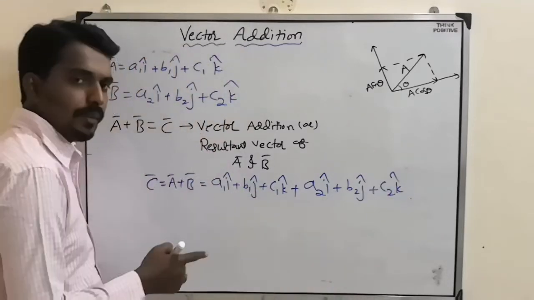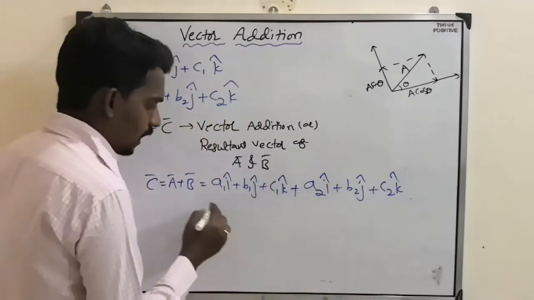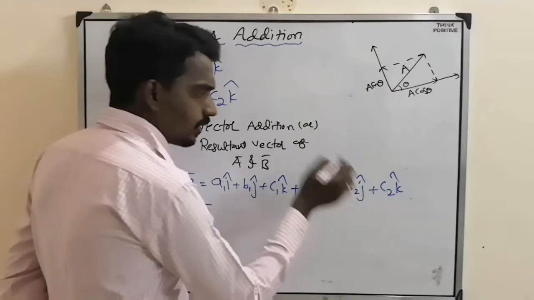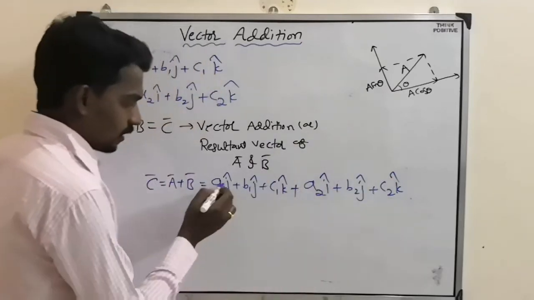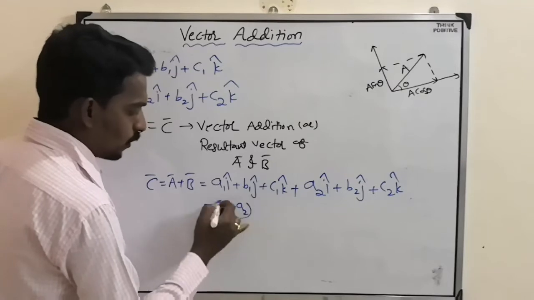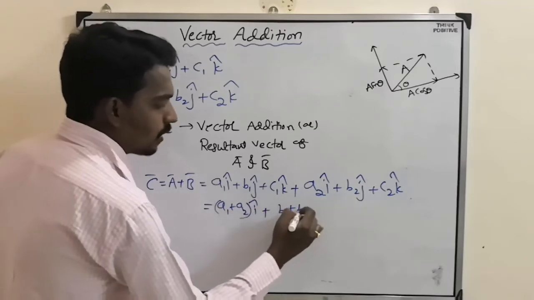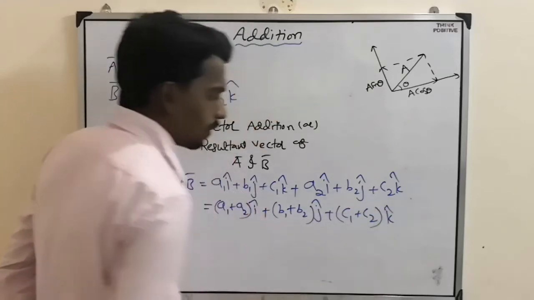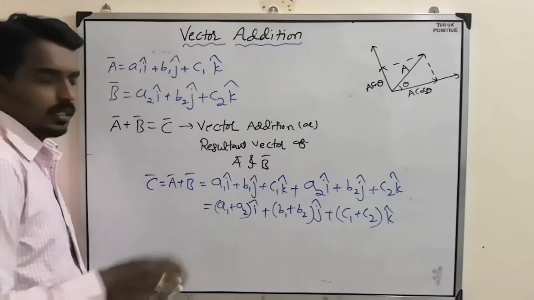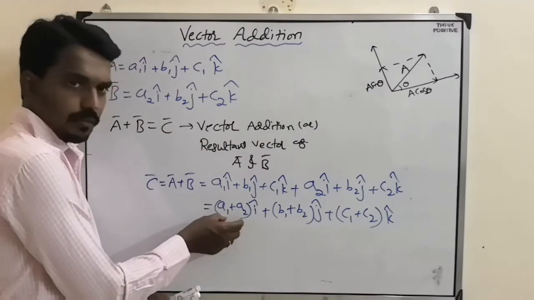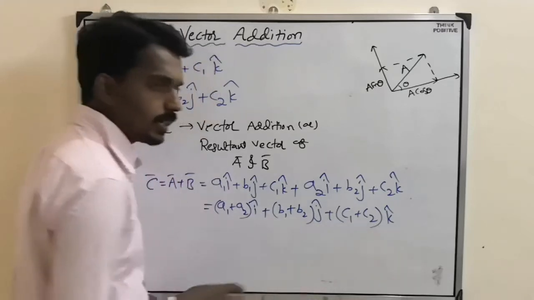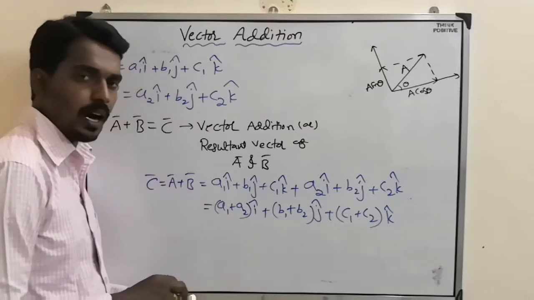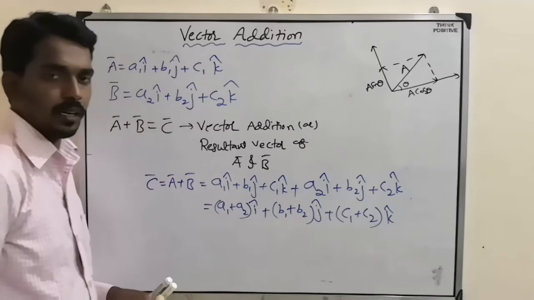Then addition of vectors when they are given in the vector form is simple, just add I term with I term, J term with J term, K term with K term. Then A1 plus A2 I cap plus B1 plus B2 J cap plus C1 plus C2 K cap. Like this is the I term, this is the J term, this is the K term. So this is called the resultant of A bar and B bar, or addition of A bar and B bar.